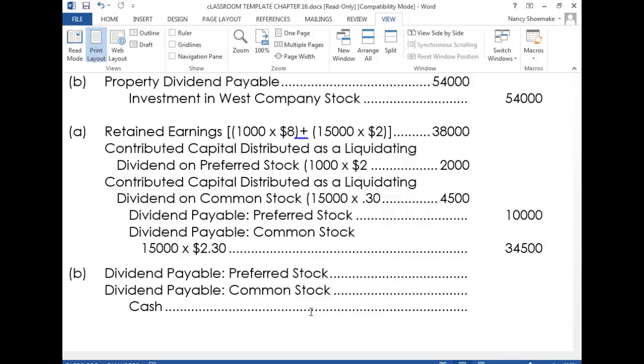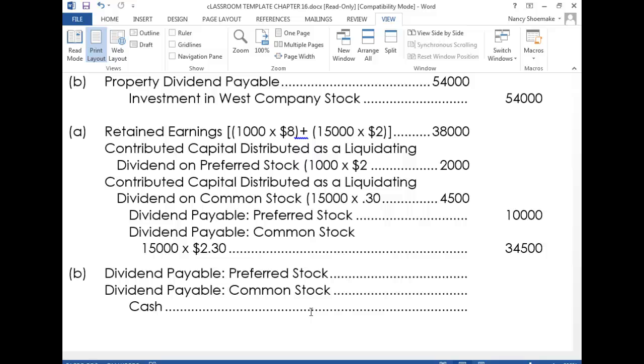So for the preferred stock, the normal dividend is an 8% dividend, but they're increasing it to a 10% dividend because 2% of it is a liquidating dividend. Since they give us the information that 2% is liquidating, we know that the regular dividend is 8%, or since the par value is 100, $8 a dividend per share.